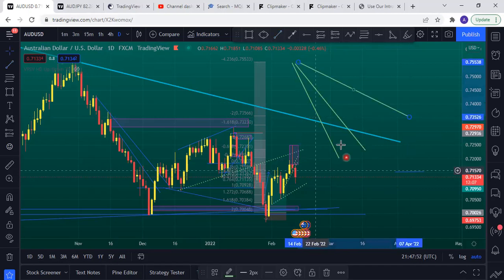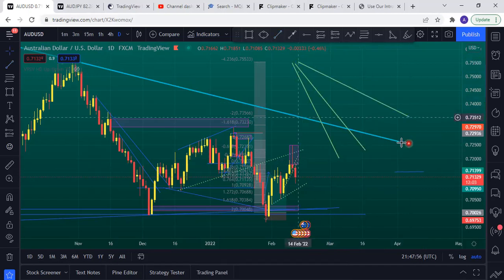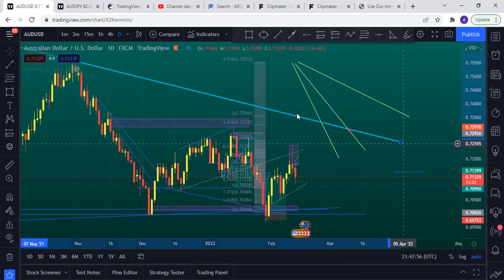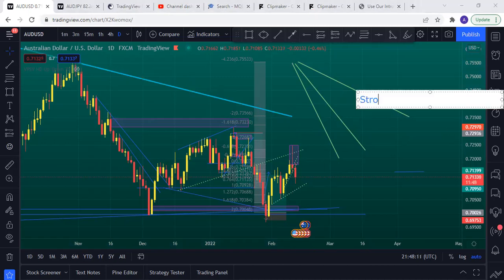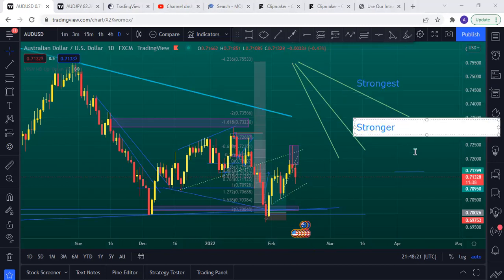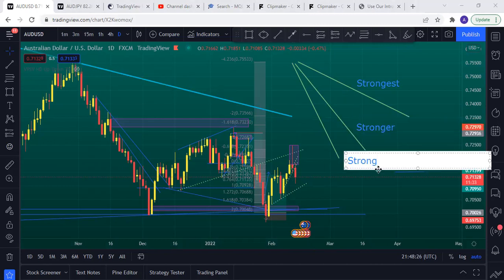So talking about the slope, if we were to arrange this in a certain hierarchy, I would say this would be the strongest, followed by this, followed by this.